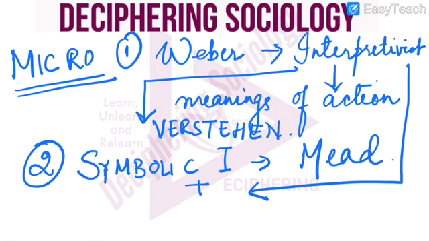Some symbols are being used while interaction, and a researcher has to interpret what do these symbols mean or what is the reason behind the interaction or how this interaction takes place, how a child starts understanding this interaction and how he becomes ready for his role as a grown up in society, as a member of his community. These two are interpretivist school of thought or micro theorists.